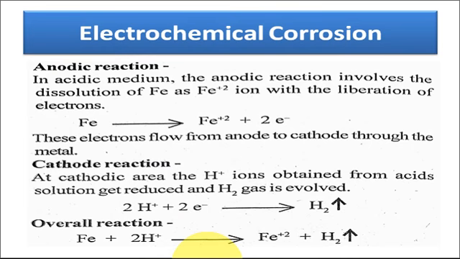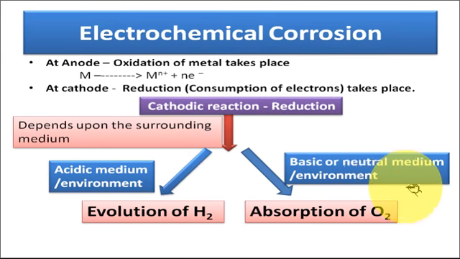Look here again. If the metal surface is present in the basic or neutral medium, what reaction takes place at the cathode? That is the absorption of oxygen, and this releases the hydroxyl ion at the cathodic part, which ultimately combines with the Fe plus 2 ions and forms the iron rust.